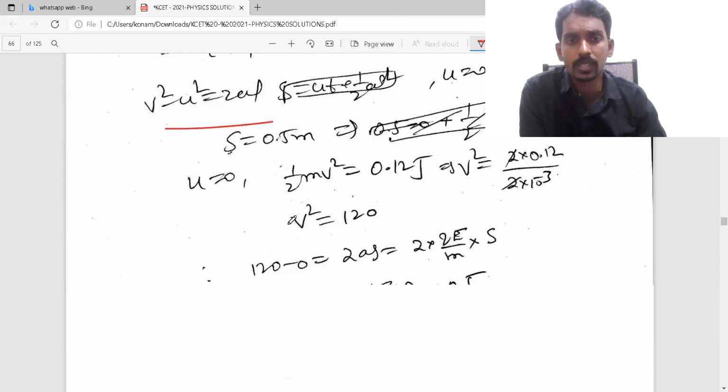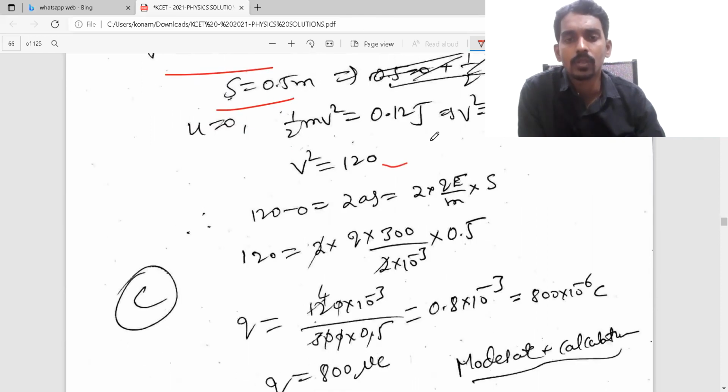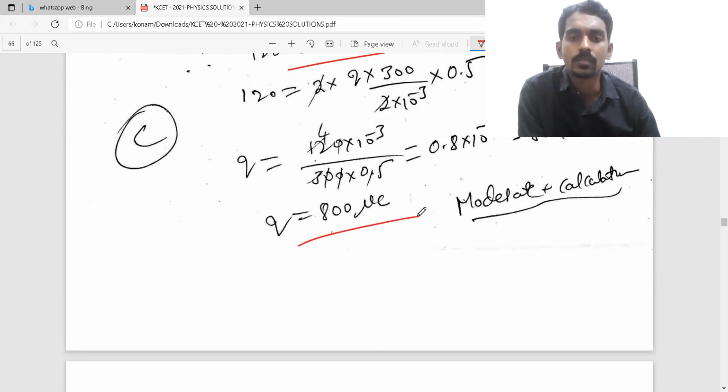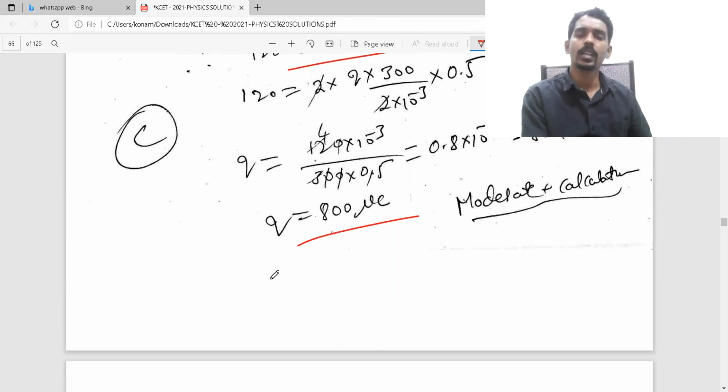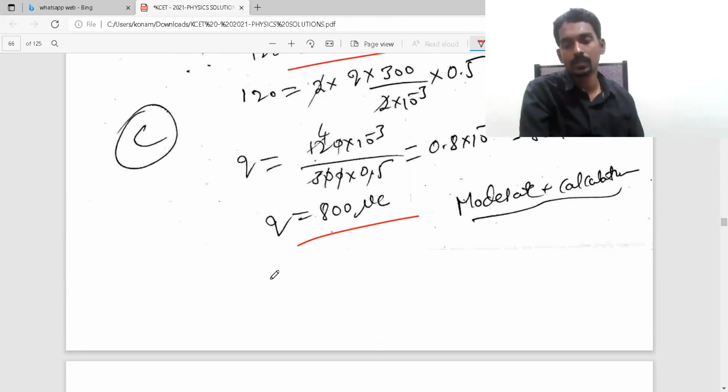Apply this equation where initial velocity is 0, displacement 0.5. Then you will calculate the v square value. From v square minus u square equal to 2as, if you substitute, then you will get the charge value. So it's like 2-3 formulas together and a conceptual application type, not that simple a question, and a little bit lengthy also.